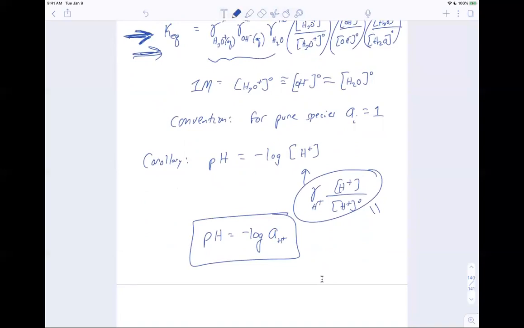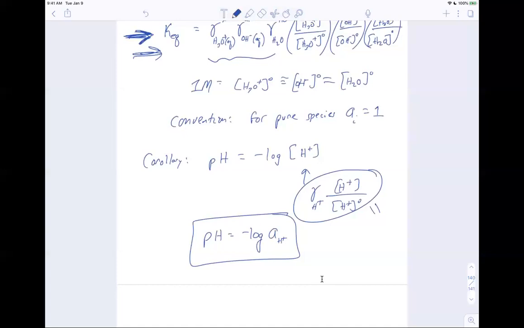So when you write it this way and you understand what activity is, as a measure of non-ideality and how it allows you to extract the ideal case as a very specific case of something very general, we see that pH is really the minus log of the activity of the proton, or the H3O plus. Once we understand that, everything is clear: pH has no units.